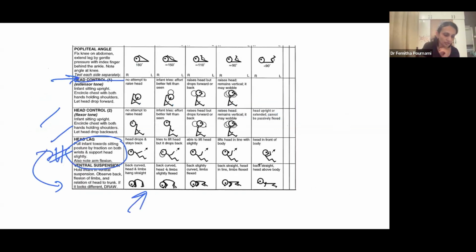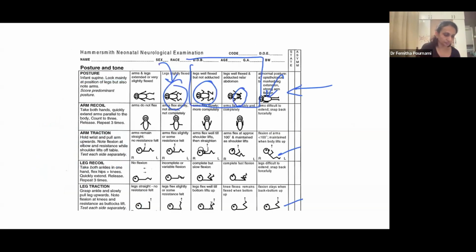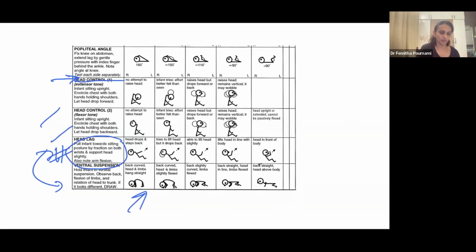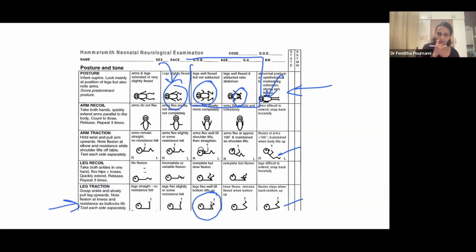So if you go backwards, you will see here. If you grasp and get this kind of leg traction, but at the same time in popliteal angle you get this, a very tight popliteal angle, but you don't have as good a leg traction, which was this, then that may not be so great because there's more than 1 column difference between this and this.